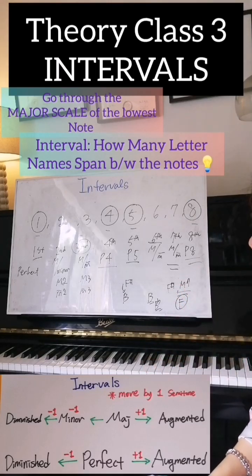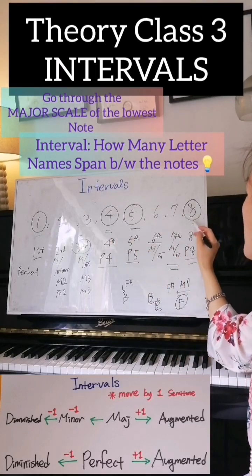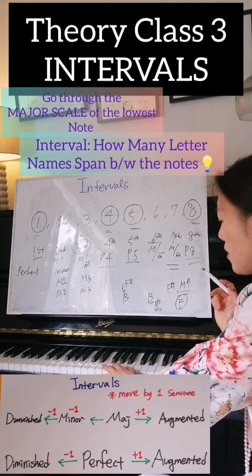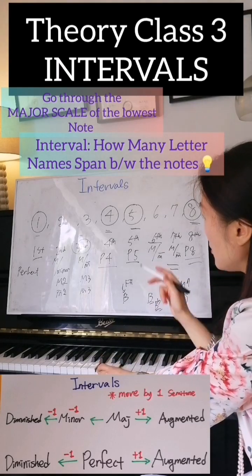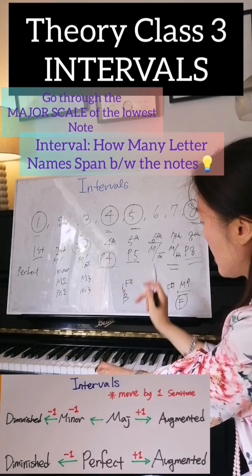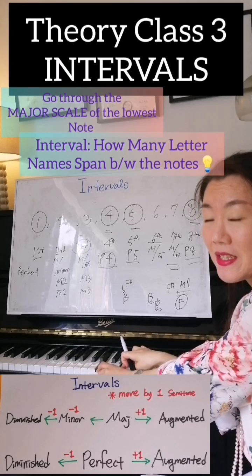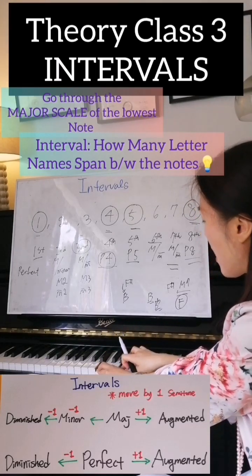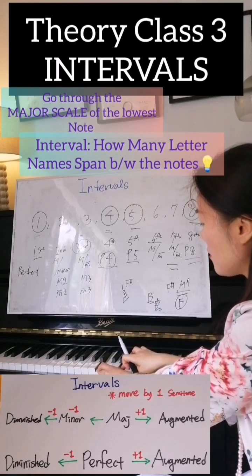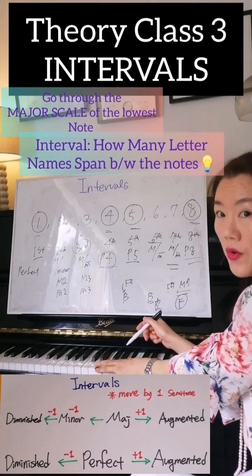Now let's talk about again perfect fourth, fifth, and eighth. Let's do it in maybe E major. Perfect fourth of E is A, because A is the fourth note of E major scale. Now I'm trying to raise the note by one half step from perfect fourth.